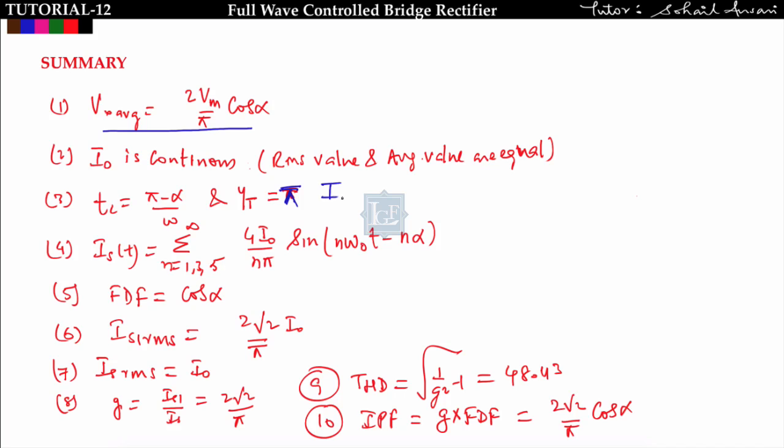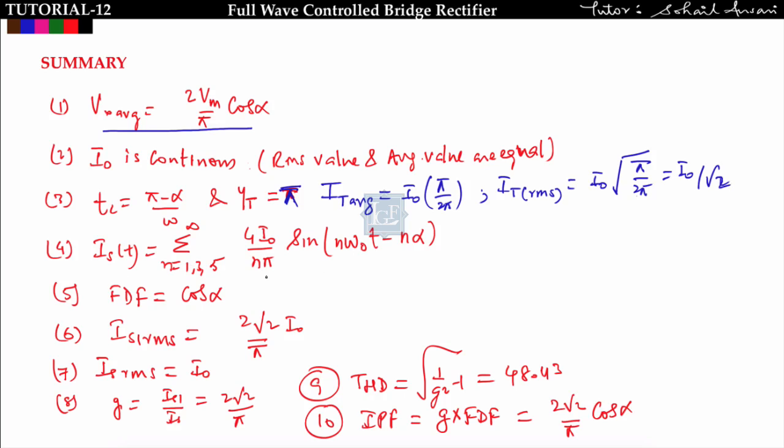So IT average will be I naught into conduction angle pi upon 2 pi, that is I naught by 2, and the thyristor RMS current IT RMS is I naught under root of the conduction fraction, that is I naught by root 2. So keep these formulas in mind.